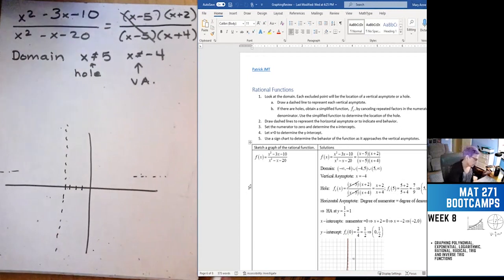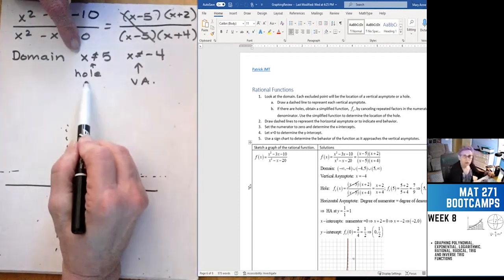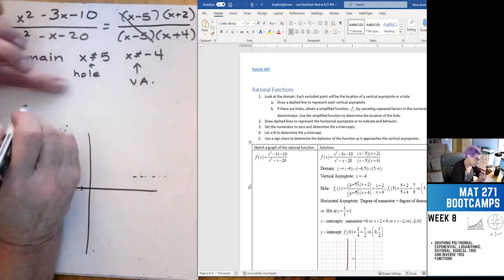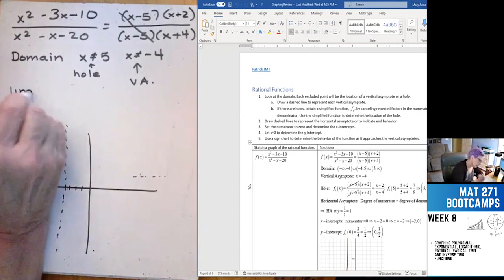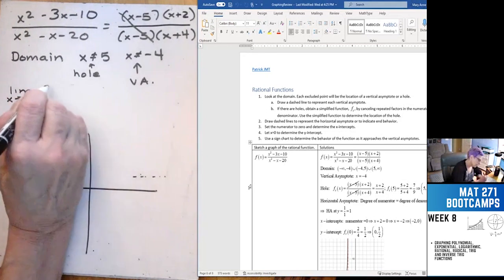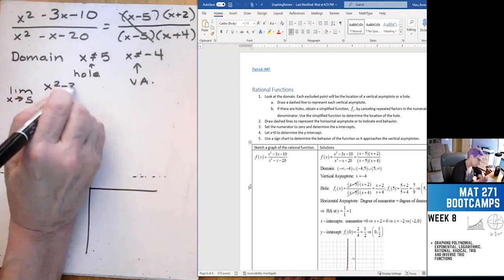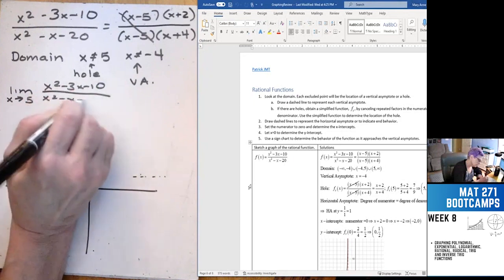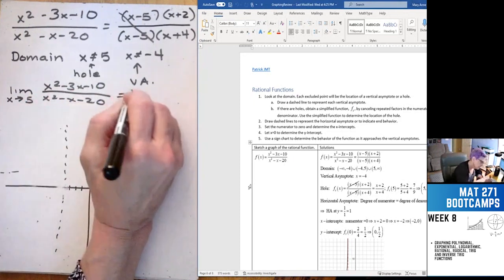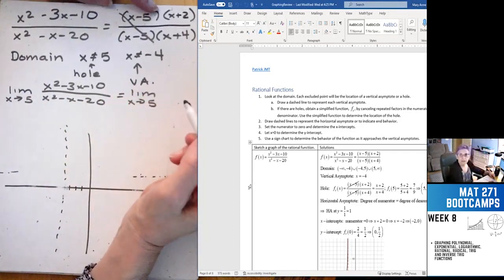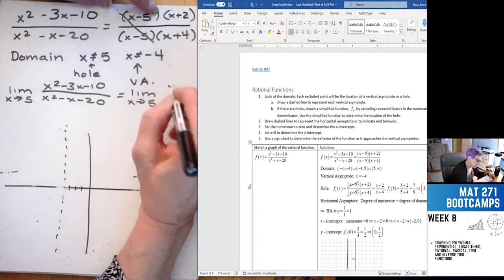Okay, so what else do we know? Well, we have a hole, a removable discontinuity right here, and the way we find its location would be looking at the limit as x approaches 5 of my original function. But to do that, you would look at the limit as x approaches 5 of this simplified version of the function.